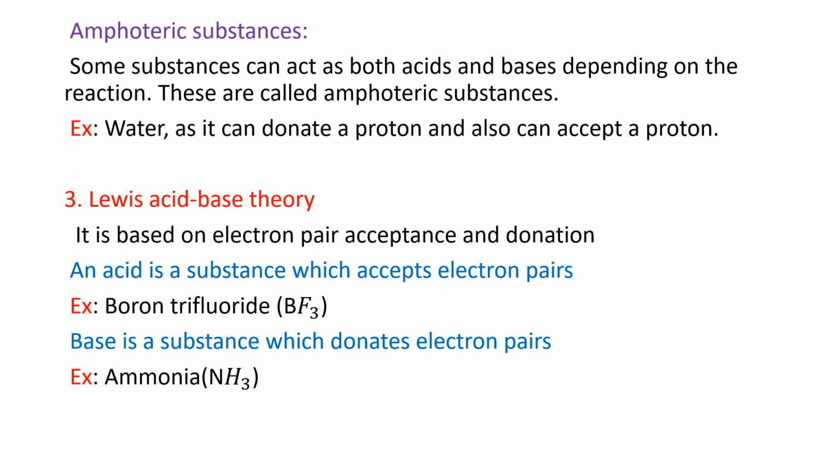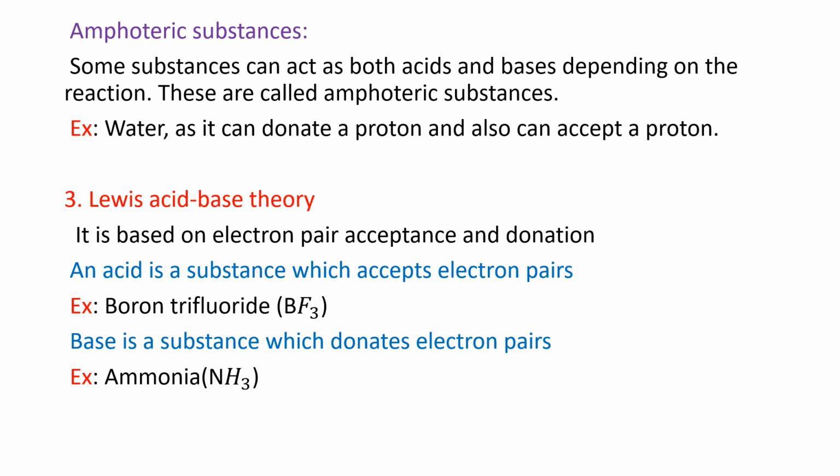So if we are treating BF3 with ammonia, in that situation, ammonia is the one who gives the electron pair and BF3 is the one who takes the electron pair. So BF3 is an acid, ammonia is a base in that situation.